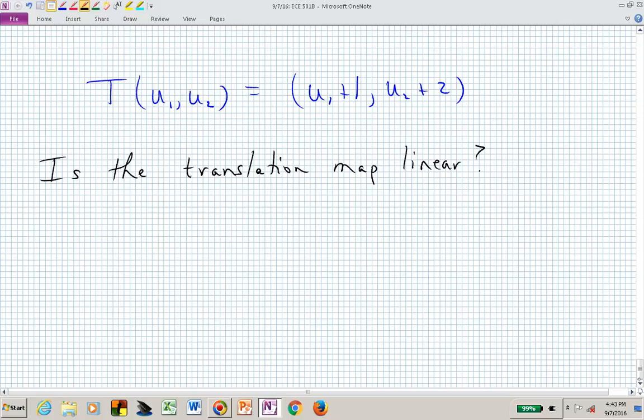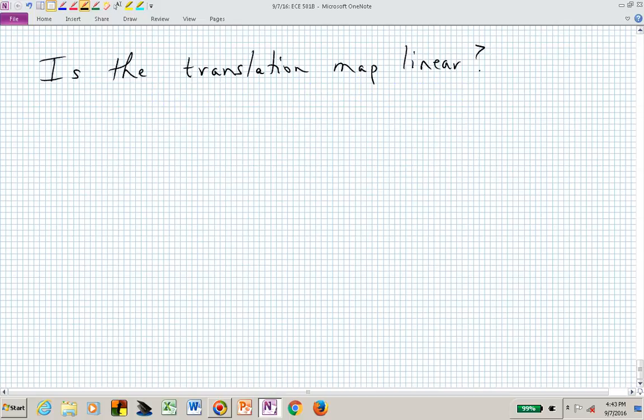So here's one way to quickly determine if a map is linear. Let's look at creating a counterexample. One that's very powerful is: is the additive identity mapped onto itself? Is the 0 vector mapped to the 0 vector? That's one way of quickly finding a counterexample if a map is not linear. The answer actually is no. This map is not linear.